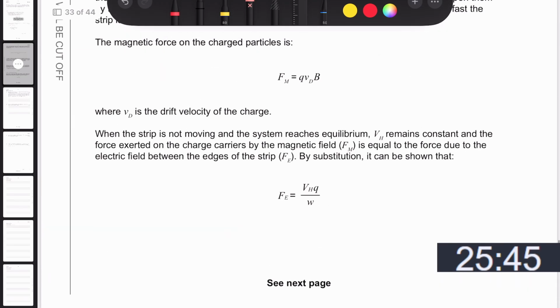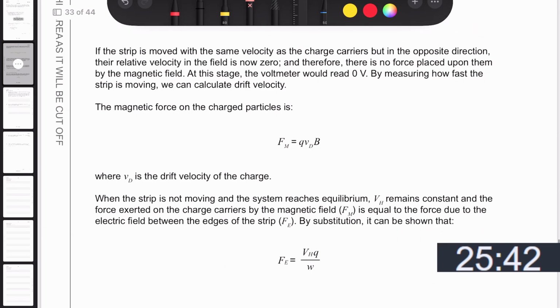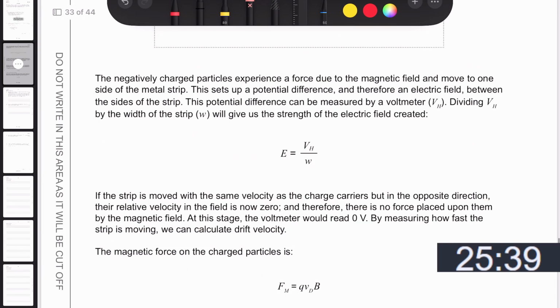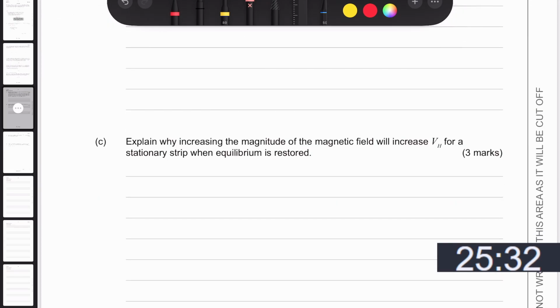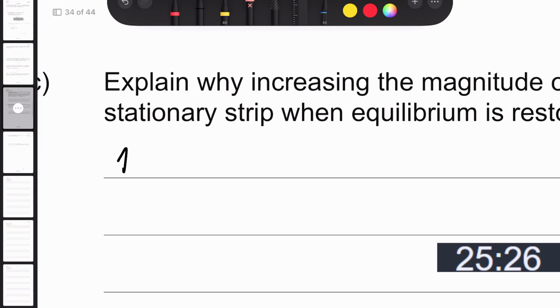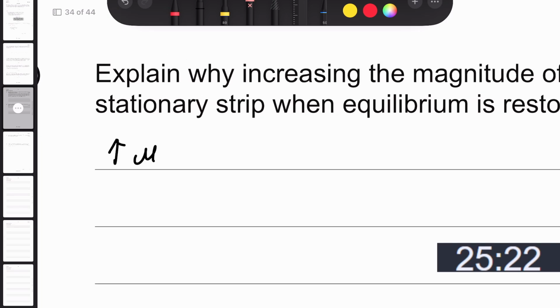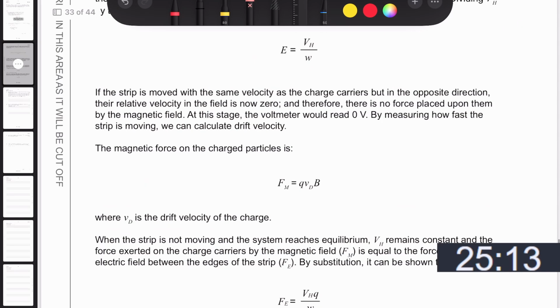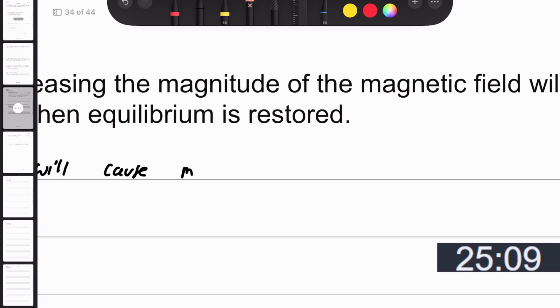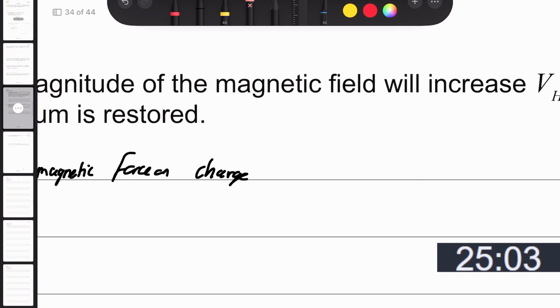Increasing the magnetic field will cause the magnetic force on charge carriers to increase.